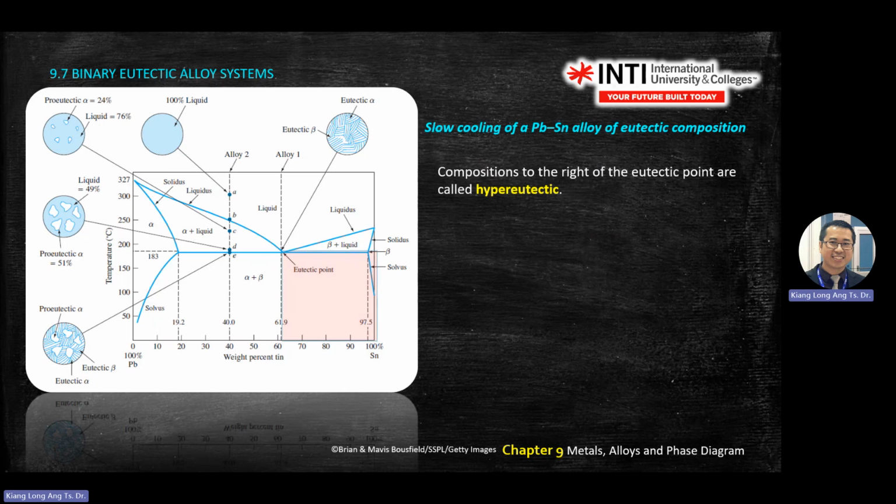Just now we identified eutectic point. You draw a line. When you draw a line, you have left hand side, right hand side. The one to the right is called hypo. The one to the left is called hyper. So, sorry, to the right is hyper, to the left is hypo. Left hand side is called hypoeutectic. Right hand side is called hypereutectic.